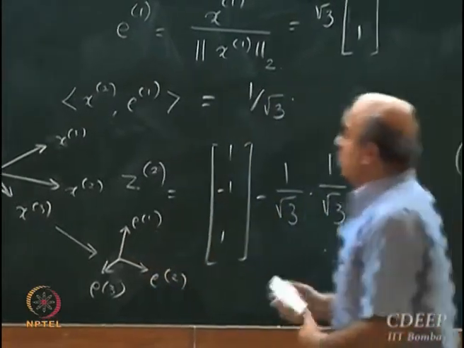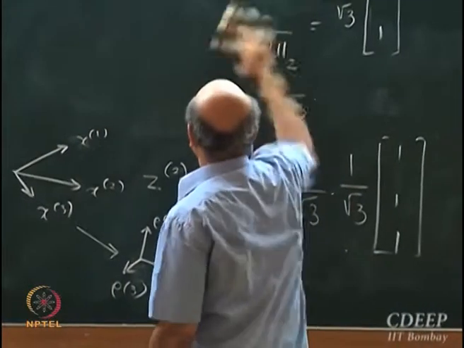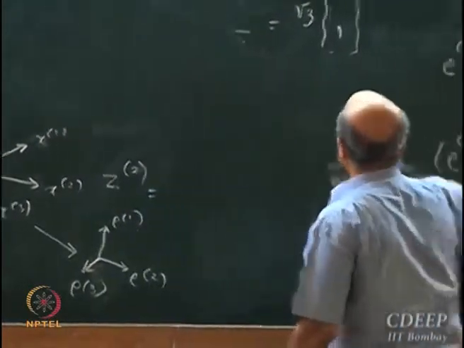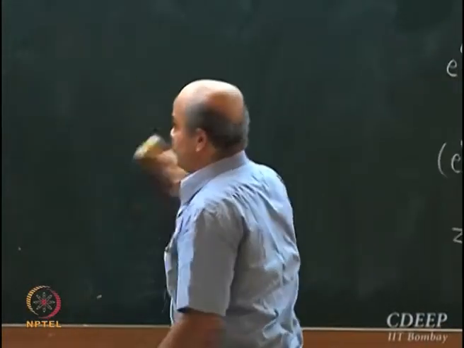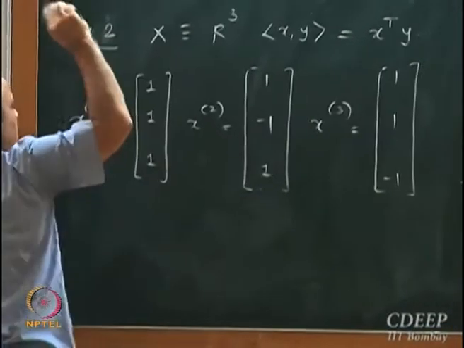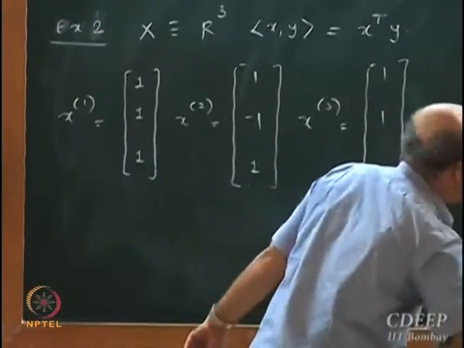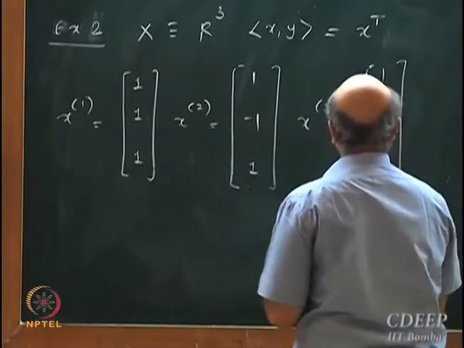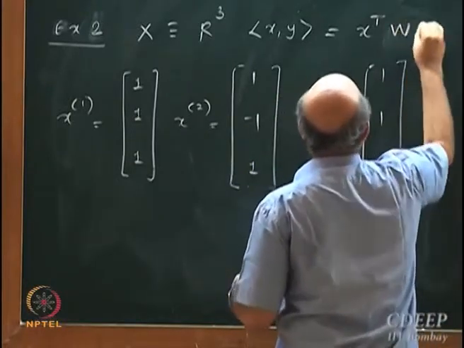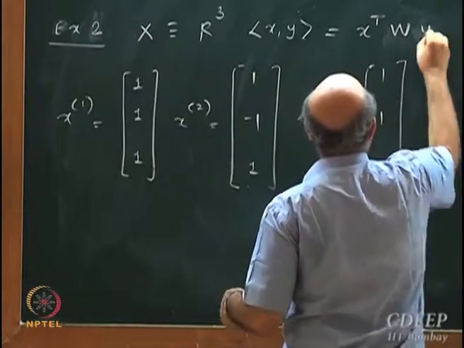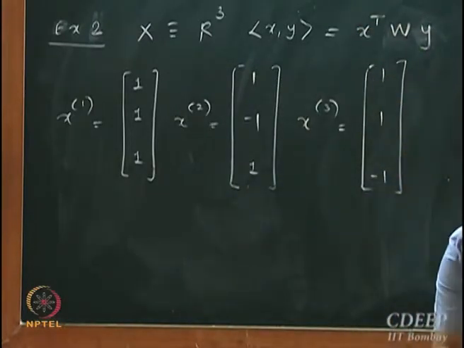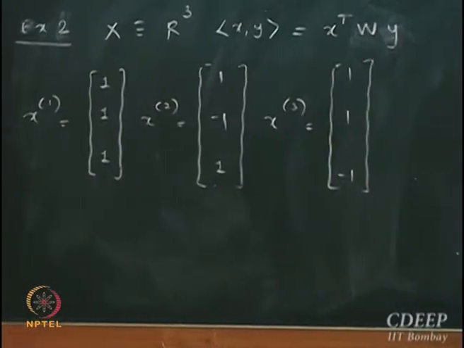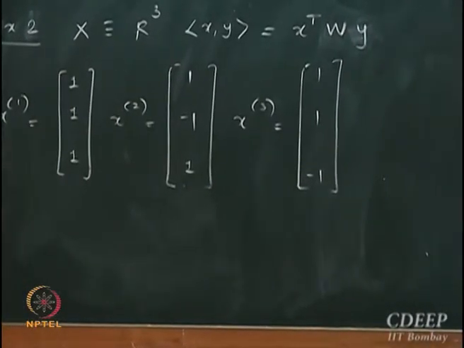Now let me make one small change. My second example is again R3, but I am going to change the definition of my inner product to X transpose WY, where W is a symmetric positive definite matrix. I'm going to pick one particular matrix here.